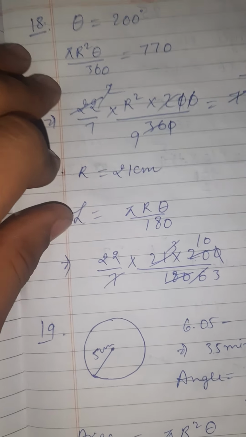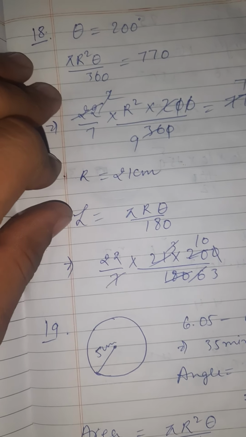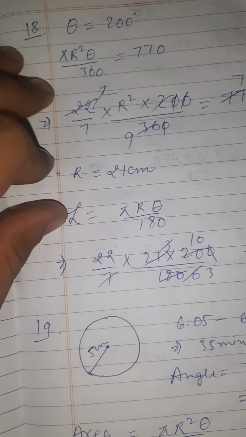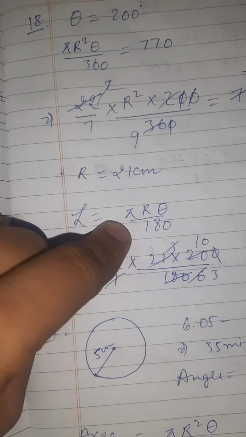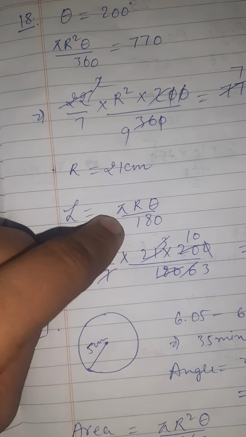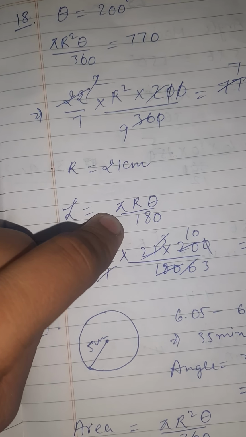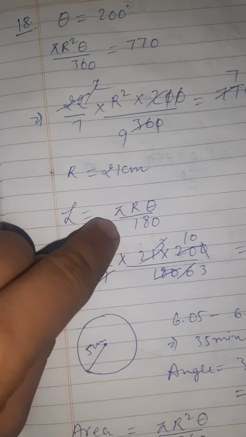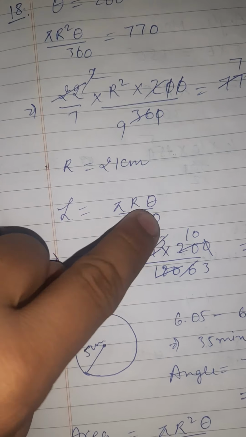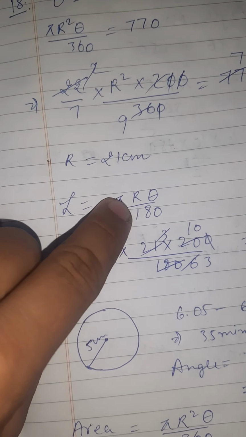As we were asked to calculate the length of arc, this is the formula for the length of arc, but here we do not have all the requirements needed for solving this. We have theta, but we do not have r.